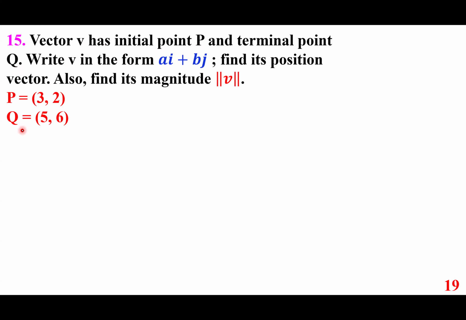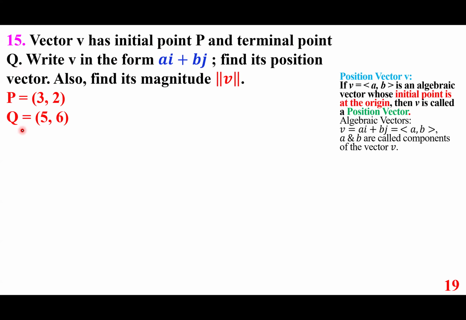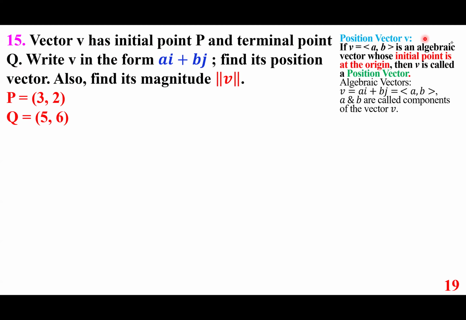Okay, so what do we need to do? Let's go over a couple of things first. Number one, what is a position vector? If v is a vector with components a, b, an algebraic vector whose initial point is at the origin, then v is called a position vector. So it becomes a position vector if the initial point is at the origin.